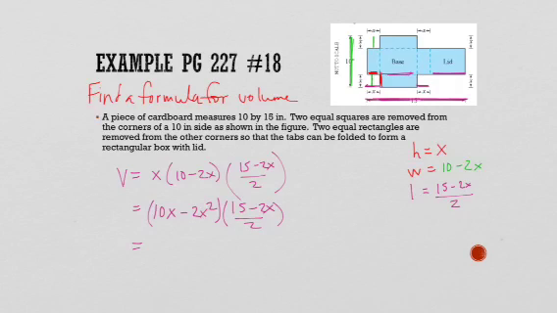I get 150x minus 20x squared minus 30x squared plus 4x to the third, all divided by 2.